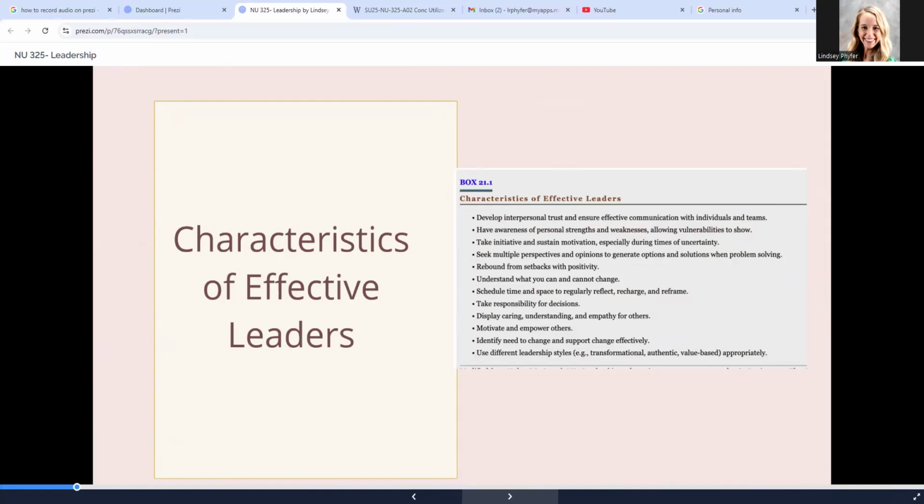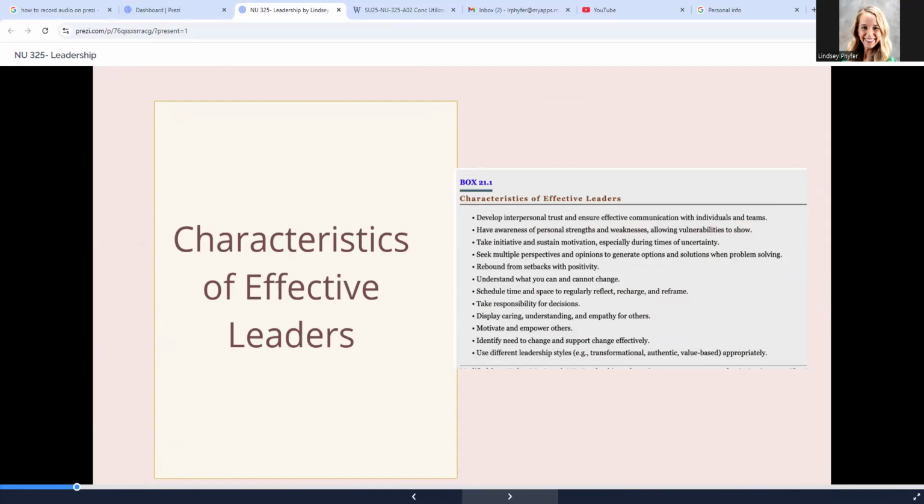Effective leaders are also going to take initiative and sustain motivation, especially during times of uncertainty. So, leaders are always going to be steady. They're going to lead their teams, and even during difficult times, their presence is going to remain steady for their employees to rely on. Effective leaders are going to seek multiple perspectives and opinions to generate options and solutions when problem solving. They're going to rebound from setbacks with positivity.